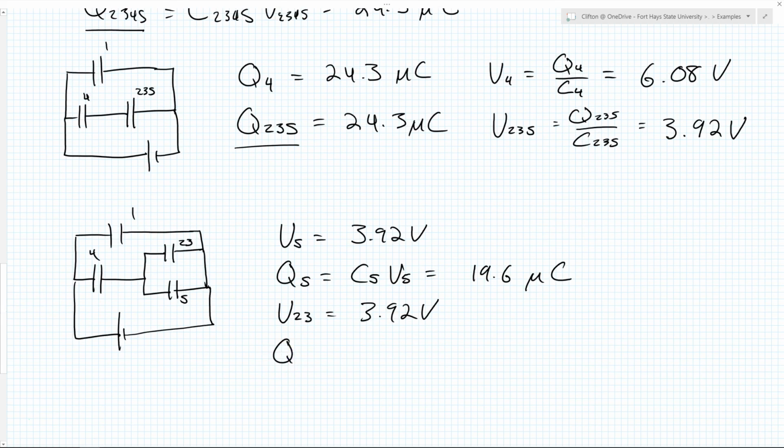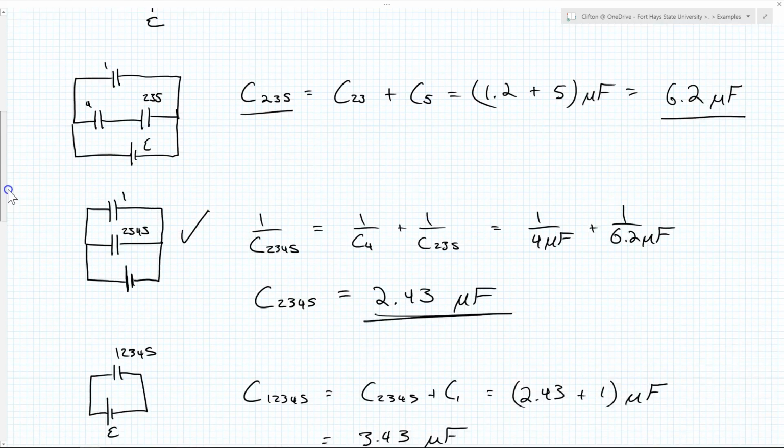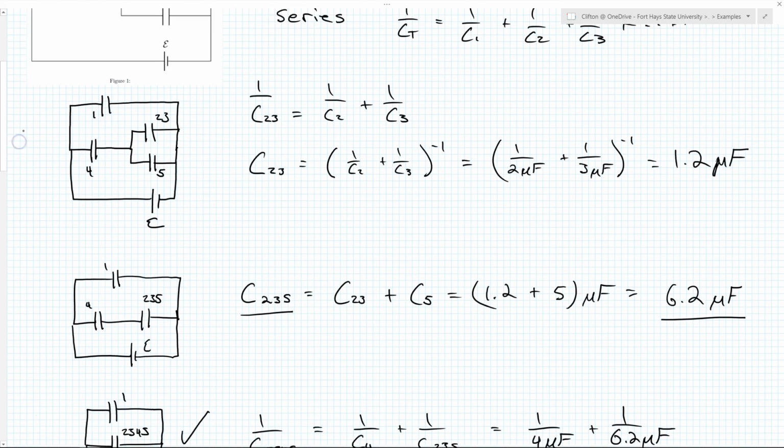Which means that the charge on that effective capacitor can be calculated. The effective capacitance for 2 and 3 I need now. That was the first one that we calculated. Should be up at the very top here. Effective capacitance for 2 and 3 is 1.2 microfarad.